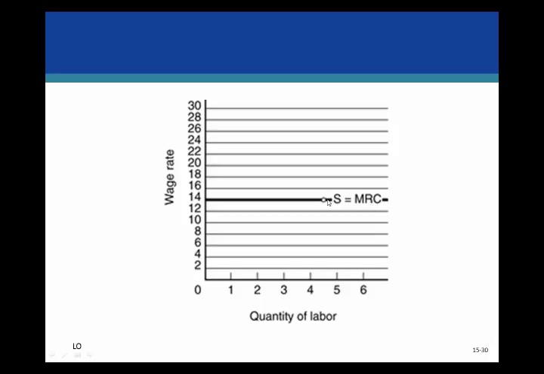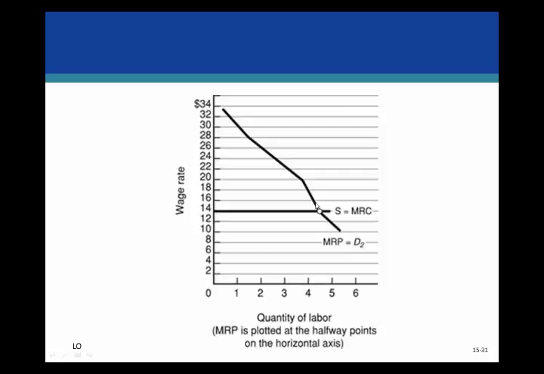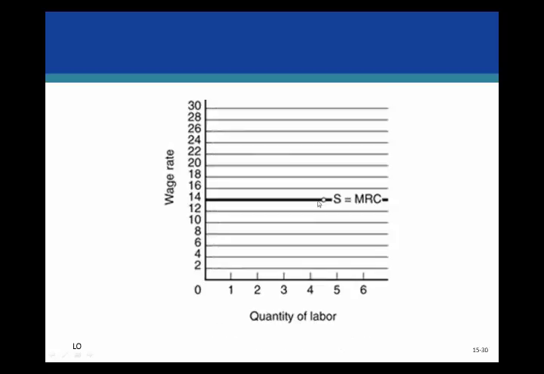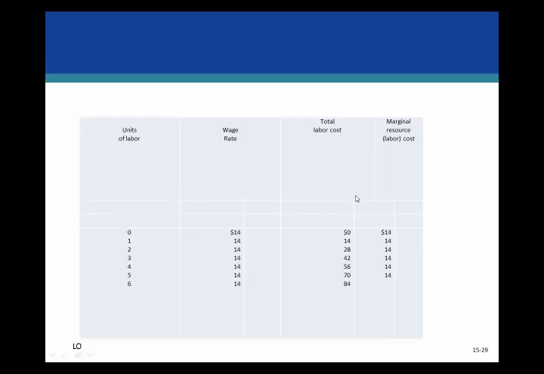So our supply is constant in regards to our marginal as well. Now, what we're going to add to that is our MRP, and we understand what our MRP is from our graph in regards to overall wage rates and our profitability.